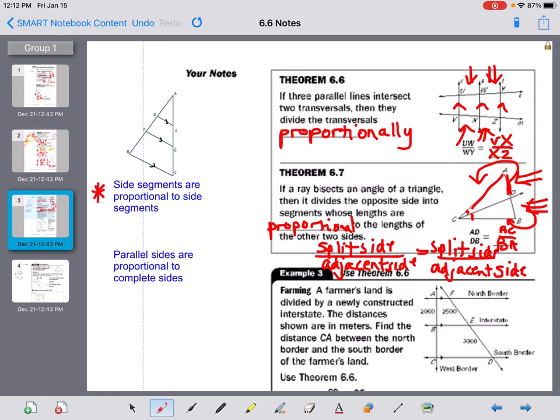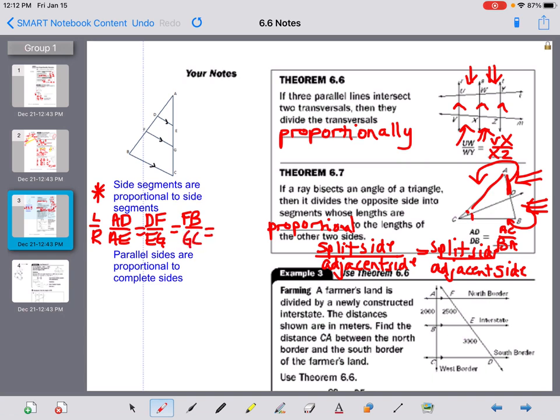So it really doesn't matter where you're at on this, but as long as you're going left to right, you can do all kinds. So I could have segment AD on the left, and it's proportional to AE on the right, okay? I could have DF on the left, proportional to EG on the right. I can have FB on the left, proportional to GC on the right, okay?